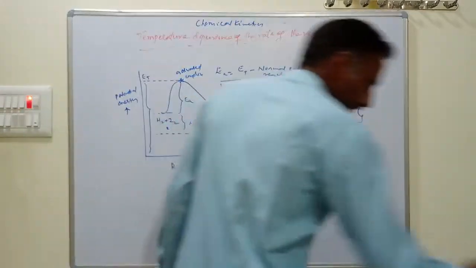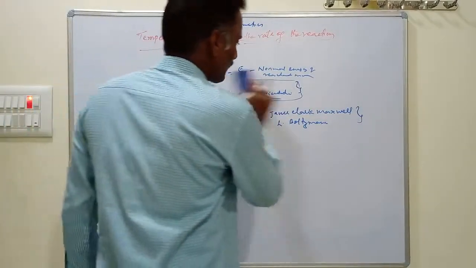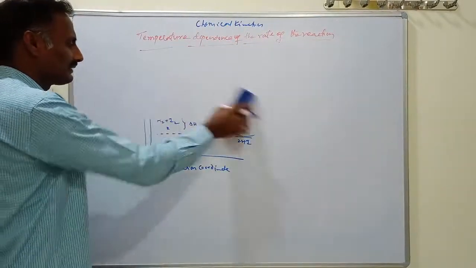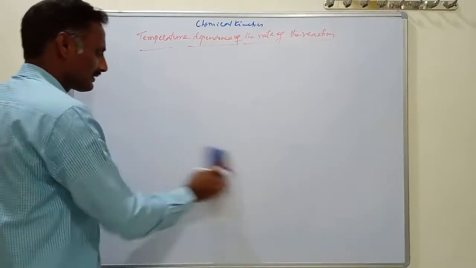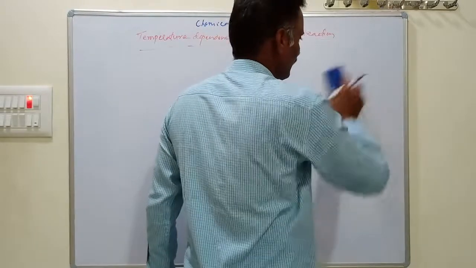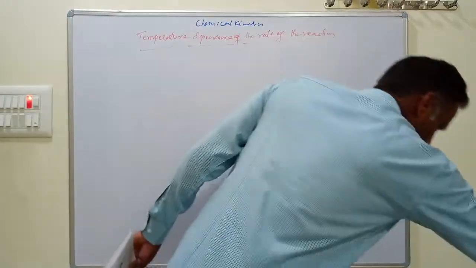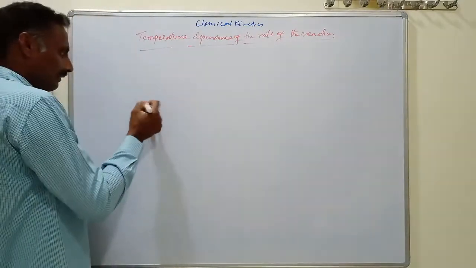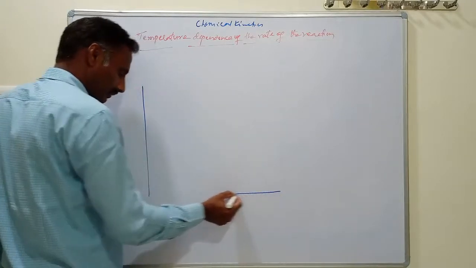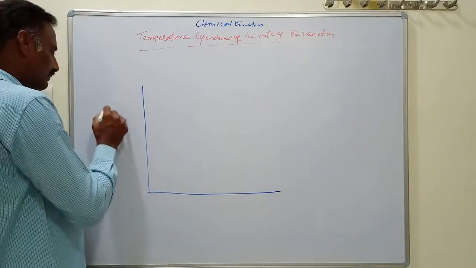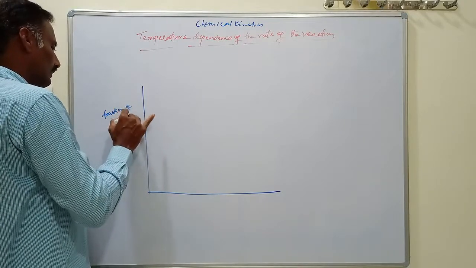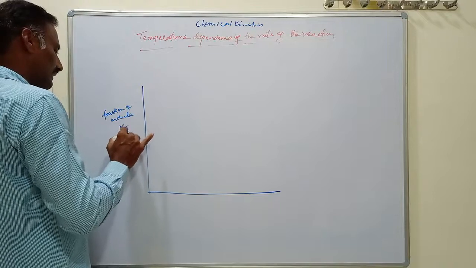According to Boltzmann and James Clerk Maxwell, they gave a graphical representation of the temperature dependence of the rate of reaction by using the fraction of molecules possessing a given kinetic energy versus the fraction of molecules, that is Ne by Nt.